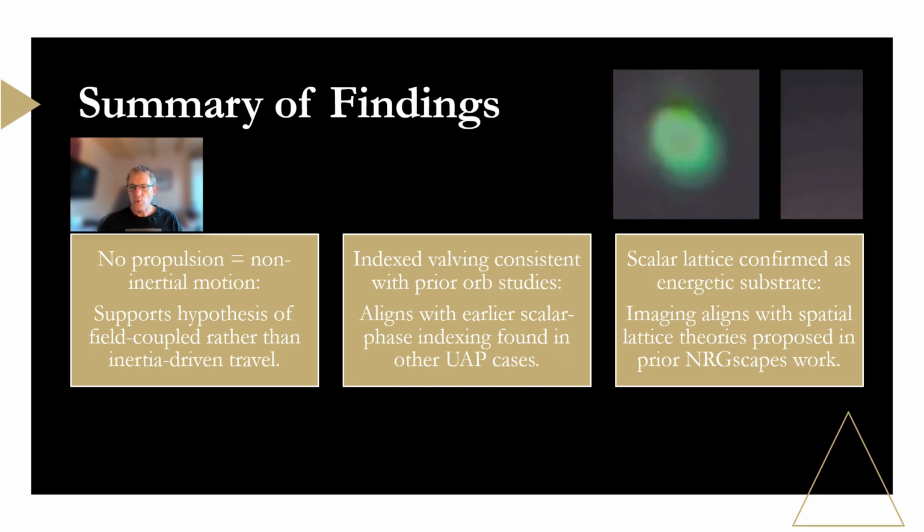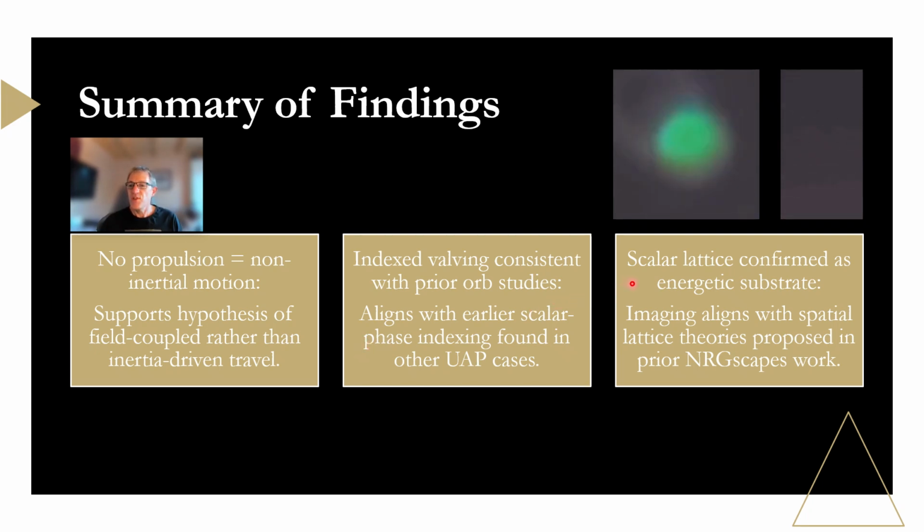So, just this overall summary of findings here. Overall, there's no propulsion evidence, so there's non-inertial motion going on, and that supports our hypothesis of field coupling rather than inertia-driven travel. There's clear index valving consistent with our prior orb studies, which aligns with our earlier scalar phase indexing found in other UAP cases.